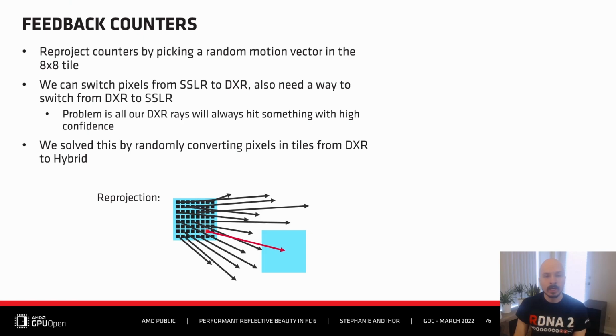And so the way this is actually done is that randomly, pixels that are DXR only will sometimes become hybrid. Then we'll confirm whether or not we need the DXR ray to find an intersection, or if an SSLR ray is high confidence enough to skip the DXR traversal completely.